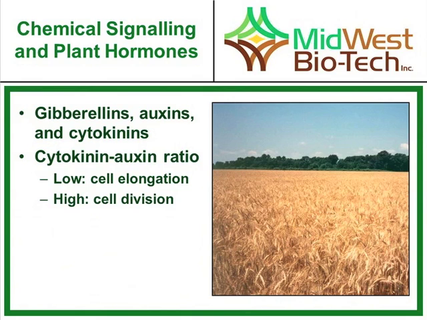The hormones get a little bit complex because it depends not only on their presence but on their ratio. Cytokinins and auxins work together, but the mix of the two determines what's going on in the plant. If you've got relatively few cytokinins to auxins, you're going to get cell elongation.